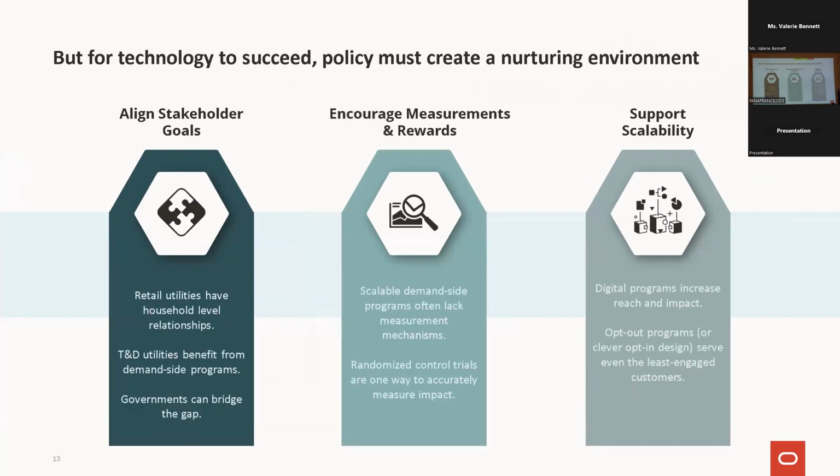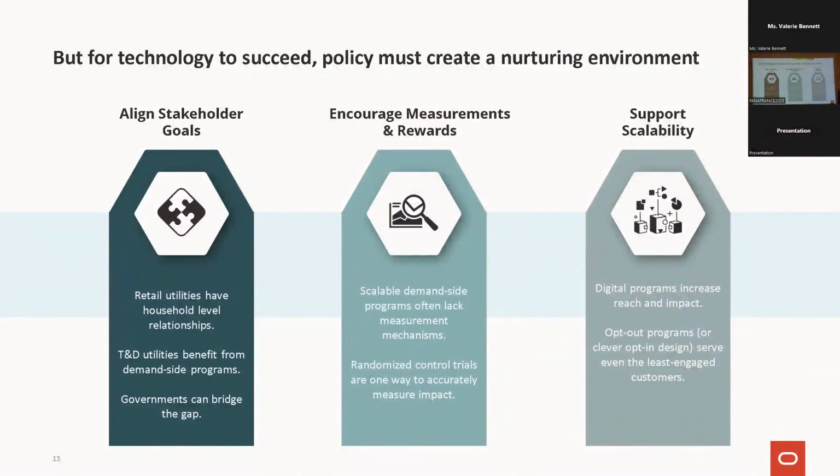The first is align stakeholder goals. And admittedly, this is one way that policy can help that's not relevant everywhere in the world, but it's relevant where there's a distinction between retail utilities and transmission and distribution utilities. It's because in order for this technology to work, you must have large quantities of data. And the entities that have those large quantities of data, household level relationship, and can communicate at a household level are retail utilities.